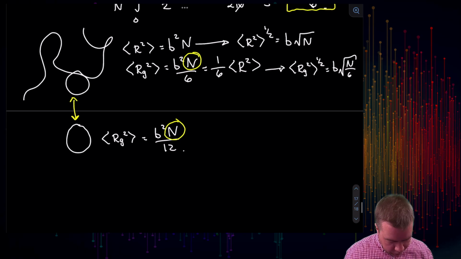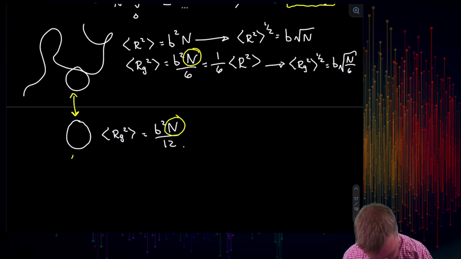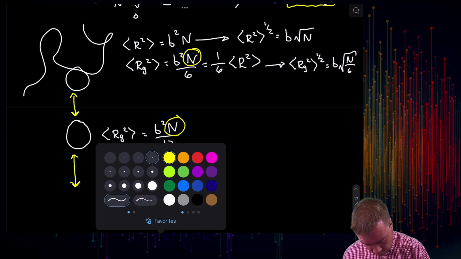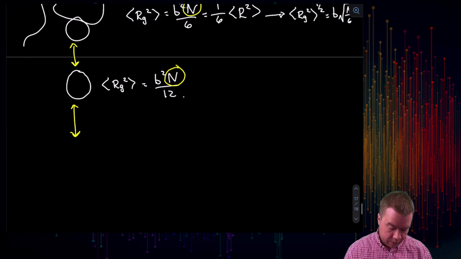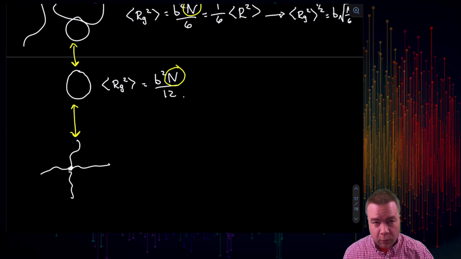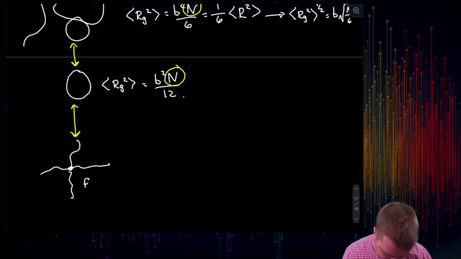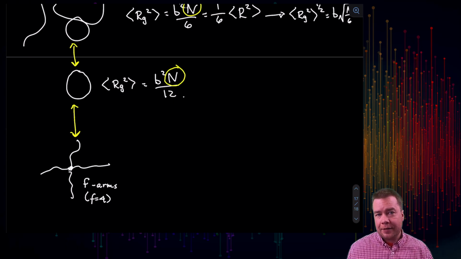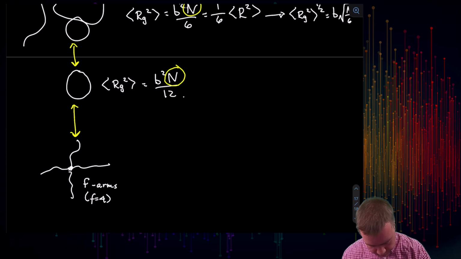As another example, you could have a different polymer architecture. You could have a star polymer, and this is also something that my group works on. So you could have a polymer that looks like this with a certain number of arms. So this has F arms. In this case, F is equal to 4. And let's just say that it had the same molecular weight as what I just showed.